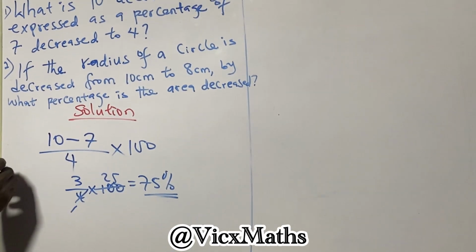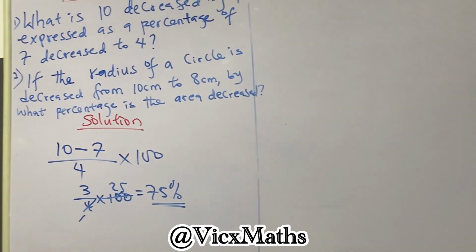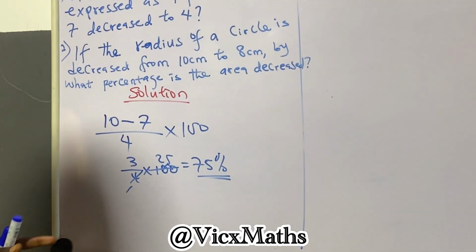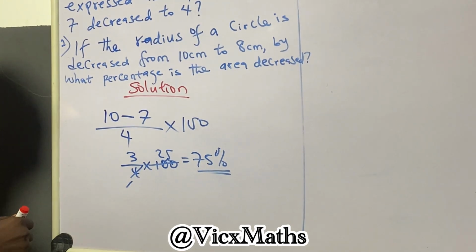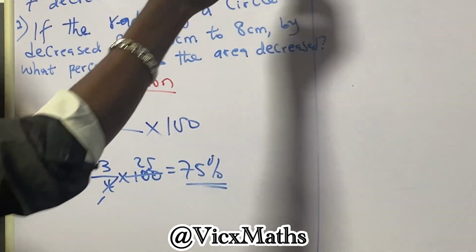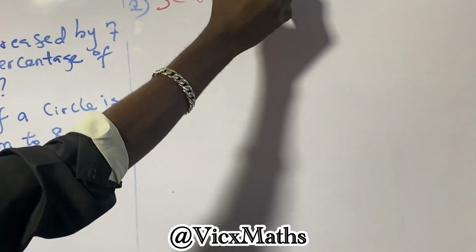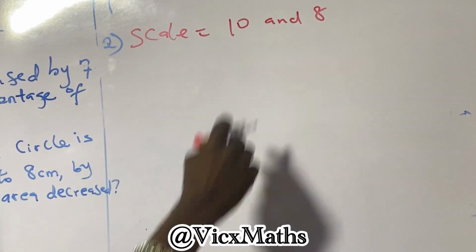Then let's look at question number 2. If the radius of a circle is decreased from 10 cm to 8 cm, by what percentage is the area decreased? Listen, the scale factors here are 10 and 8.